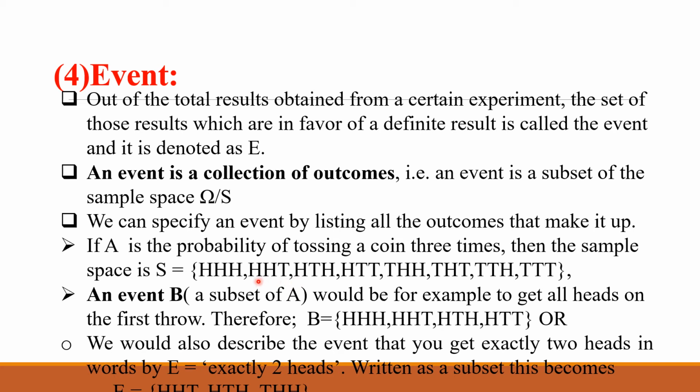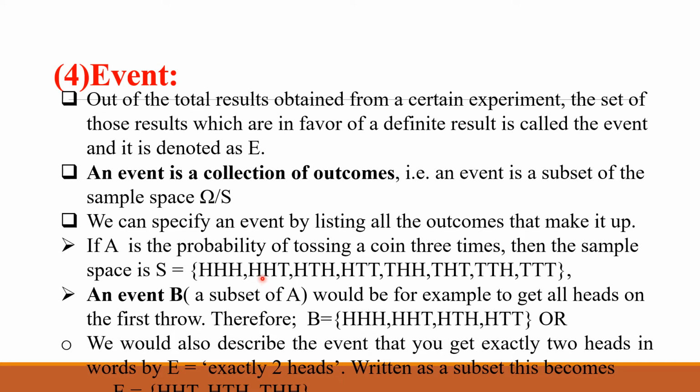For example, here we have got head, head, tail, head, tail, head, and then tail, head, head. As you can see, the total sample space was 1, 2, 3, 4, 5, 6, 7, 8. And now, if I'm looking for a specific event where I need the outcome as exactly 2 heads, then I would look for these values.